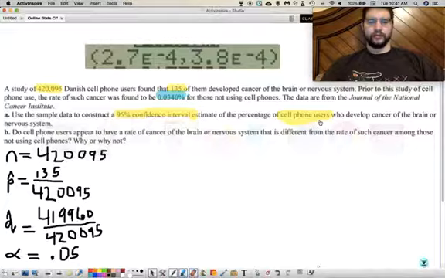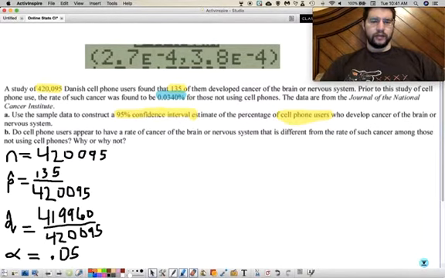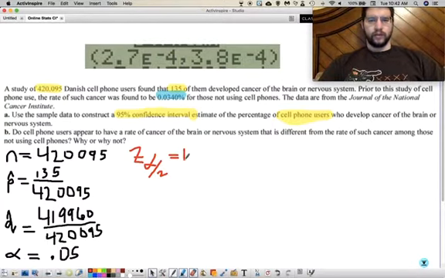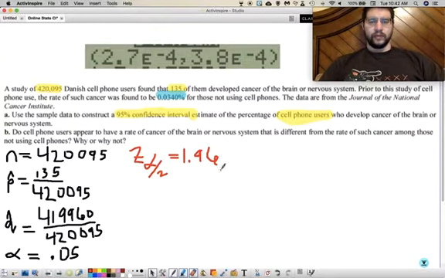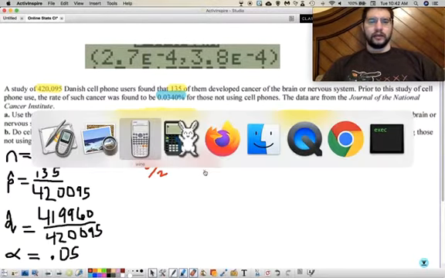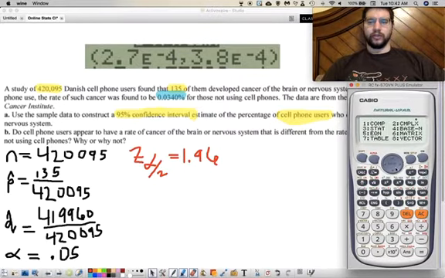Again, just drop off the negative. So z of alpha over 2 is 1.96. We will be using those particular z-scores a lot, so if you just remember them, you don't have to worry about looking it up. And if you have a calculator, you can just do inverse norm, save yourself some time.